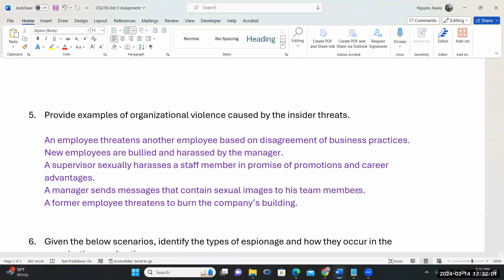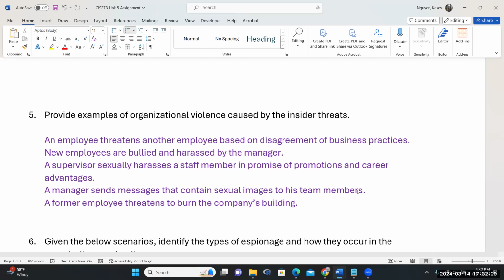And then sexual harassment is also very big, right, in corporate and enterprises. And that can generate a lot of loss through lawsuits and other things, people getting hurt, etc. So harassment between supervisor and staff based on promotion.